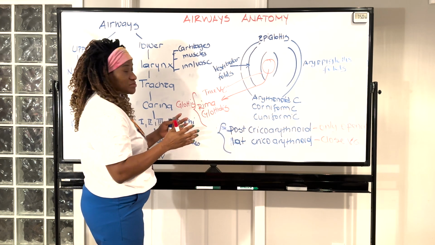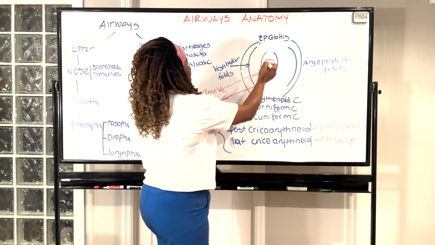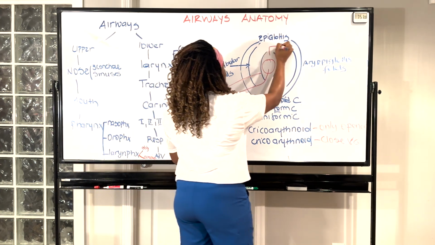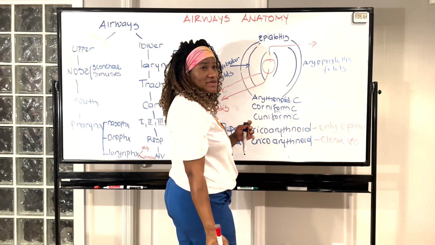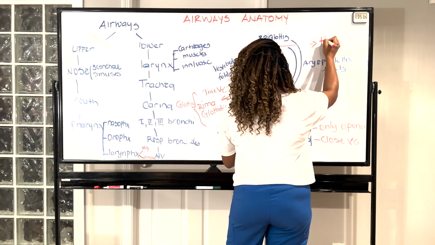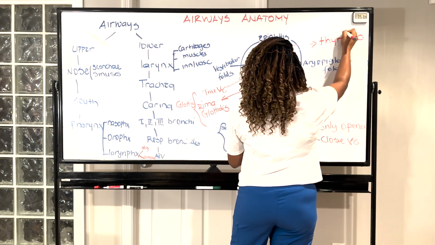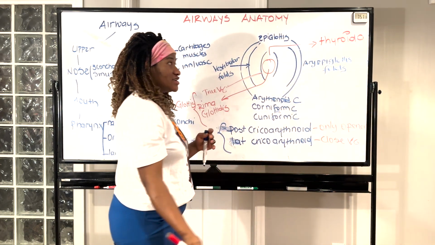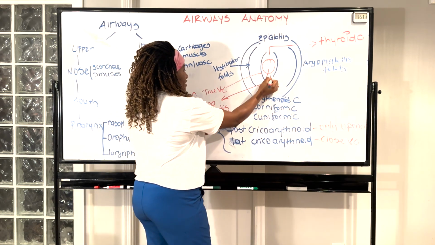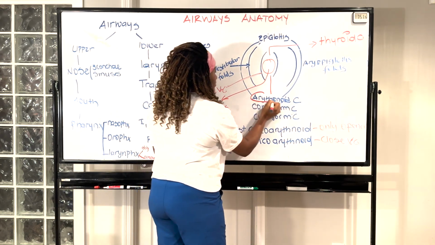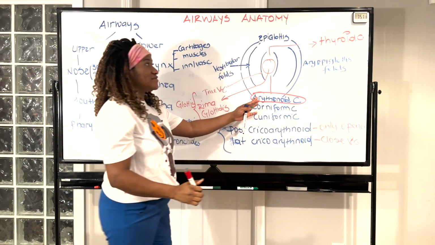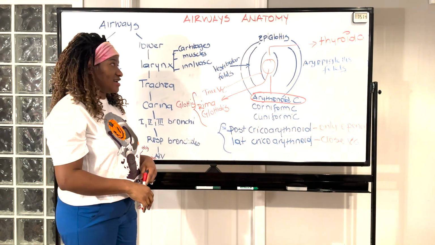Now, the attachment of the vocal cord. Anteriorly, your vocal cords are going to be attached to the big thyroid cartilage. It's a huge cartilage. And posteriorly, we have the arytenoid cartilage, where they attach.